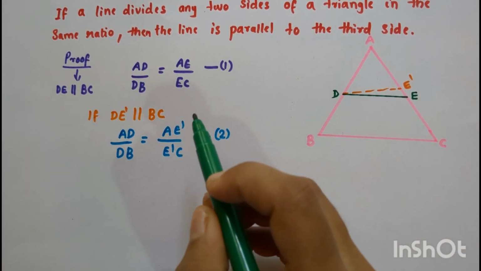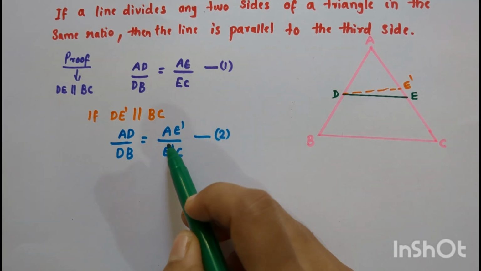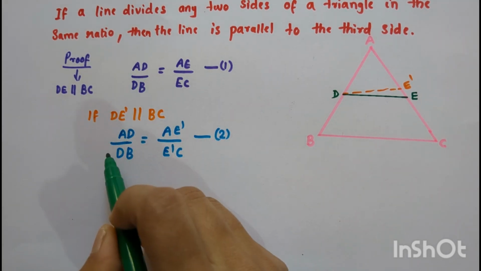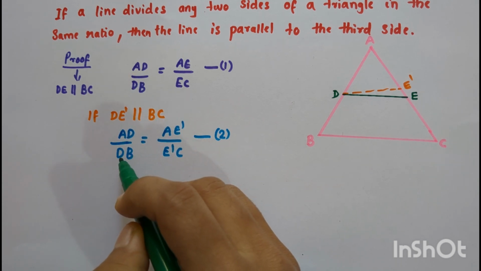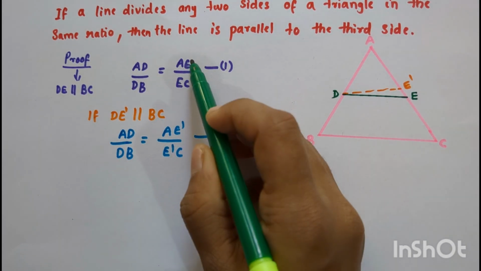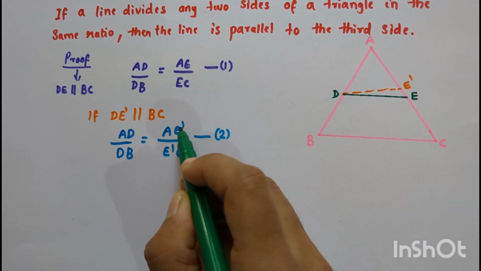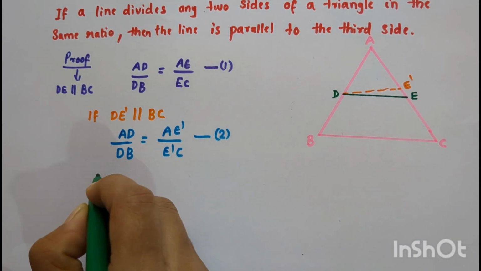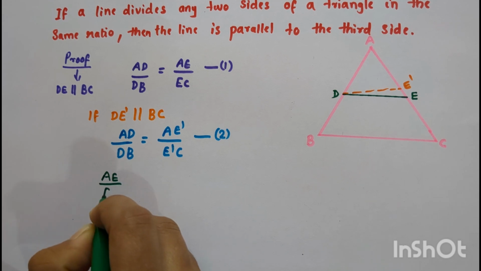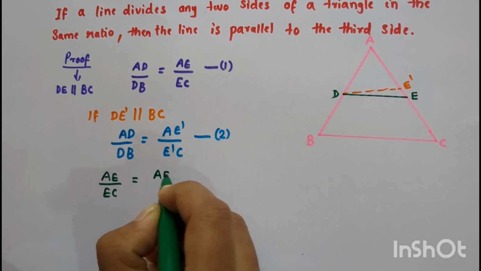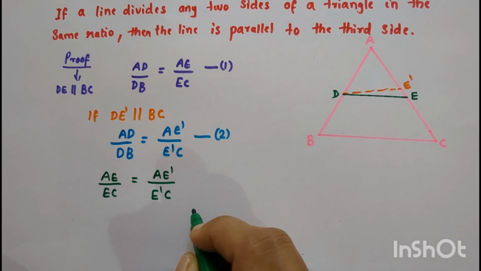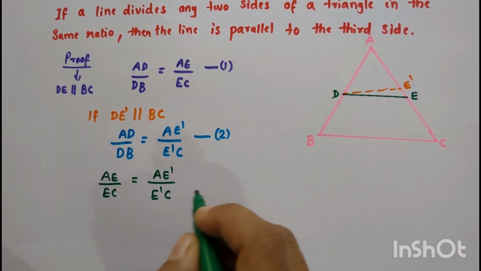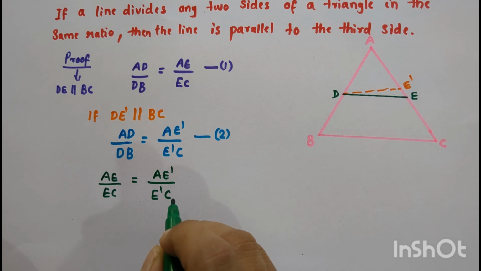Now, when you compare equation number 1 and equation number 2, you see the left hand sides of both equations are the same, AD by DB. So we can equate their right hand sides. We can write AE by EC is equal to AE dash divided by E dash C. Now I am going to add 1 to both sides of this equation.